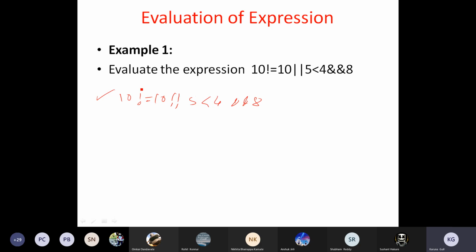Now try to explain which has to be evaluated first and which next. Is it going to do 10 not equal to 10 first, or 5 less than 4? I'm getting different answers.